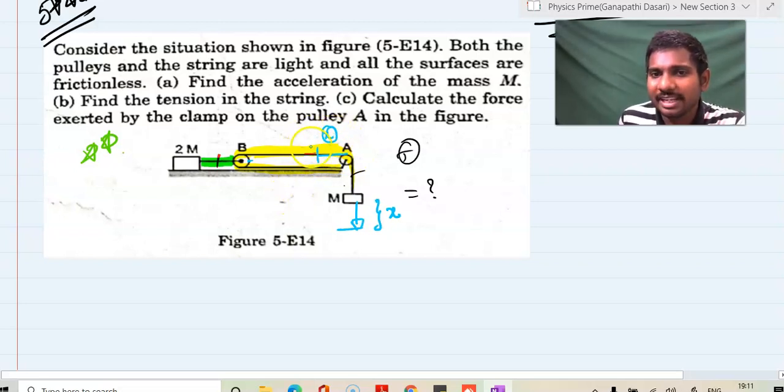If this pulley is going x distance in the forward direction, what will happen? There will be two parts here. Carefully see. For it to move x distance, there will be x by 2 which is lost from this string, and x by 2 which is lost from the other string. That x is divided among these two strings here.